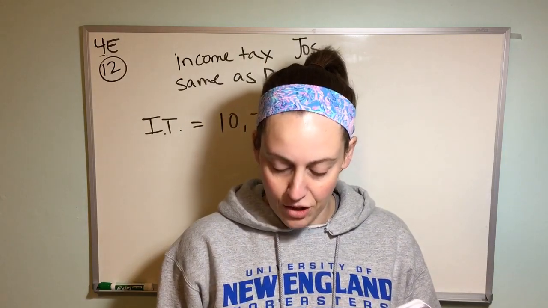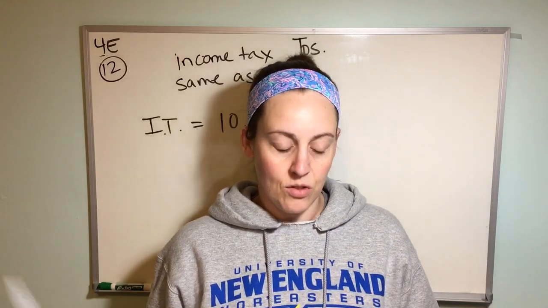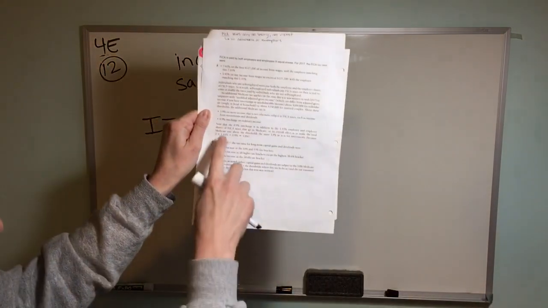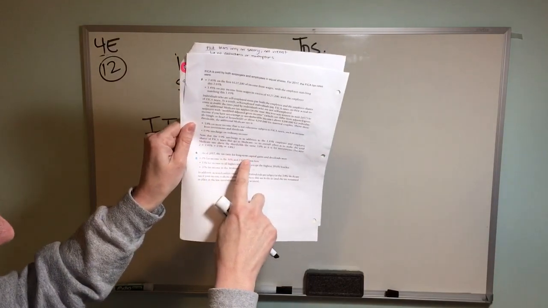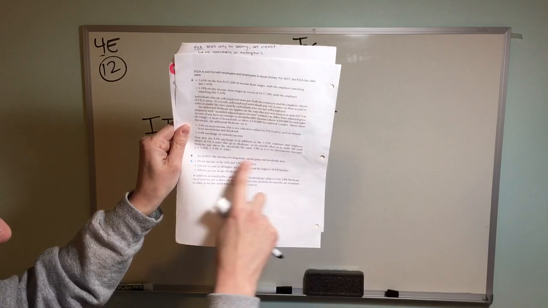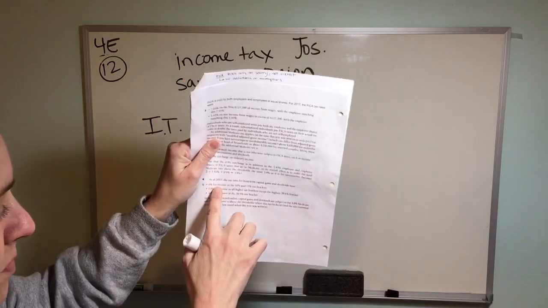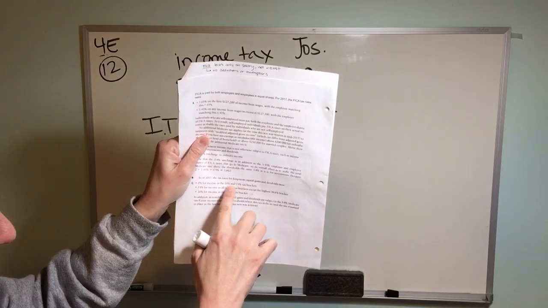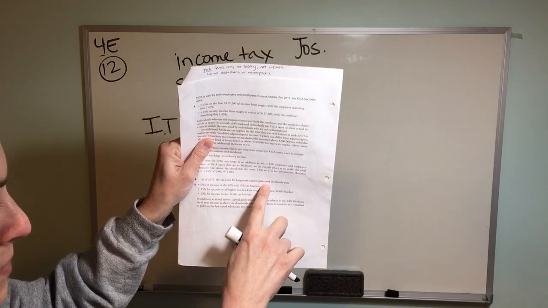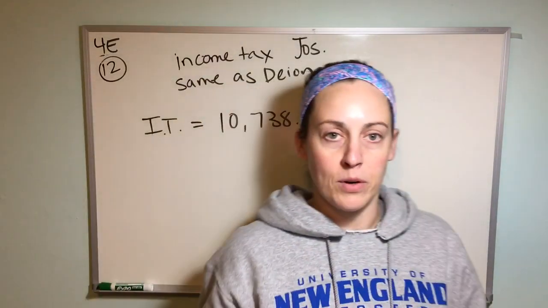But her FICA taxes are going to be different. So this is when you're going to need to read through the sheet, and you're actually going to go towards the bottom section, because we're talking about long-term capital gains and dividends. So all of the income in the 10% and 15% tax brackets for only long-term capital gains and dividends is taxed at 0%.